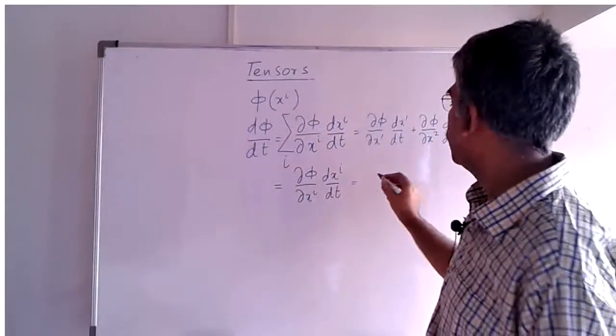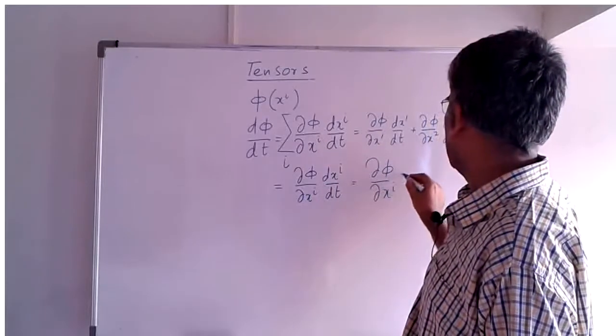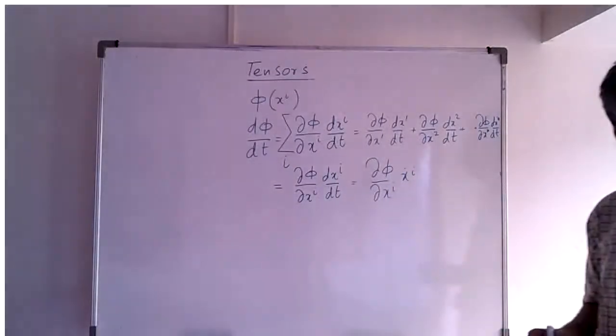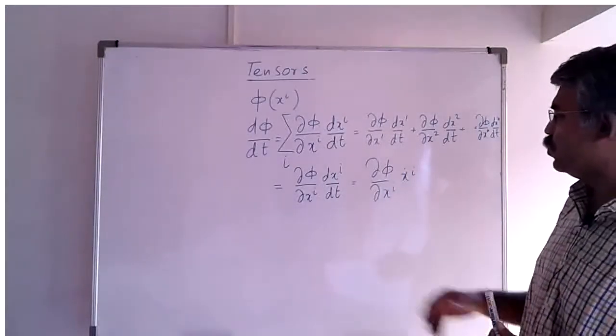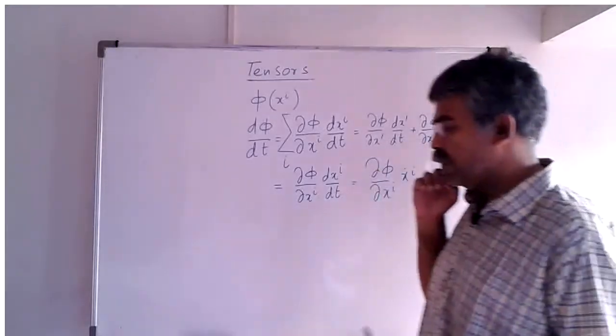You can write this as well: del phi del xi xi dot. Clear? The dxi dt is time derivative, so xi dot.